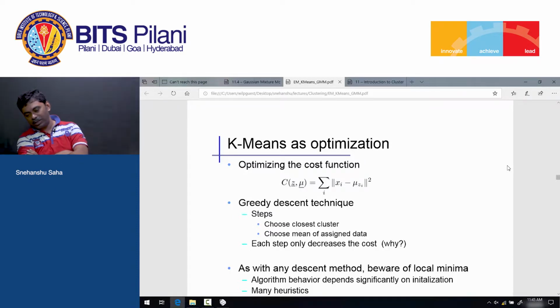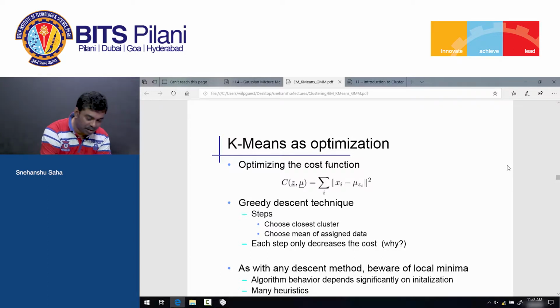There is no reward for assigning a particular data point to a cluster, but there is a cost of not being able to assign a data point correctly to a cluster. So the idea is to minimize the cost. If you are able to minimize the cost, you probably have assigned data points to the appropriate clusters.